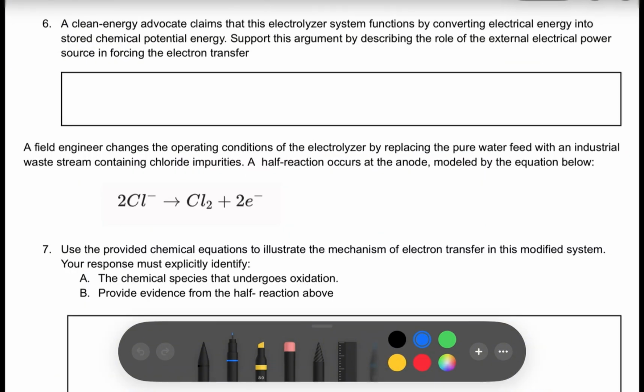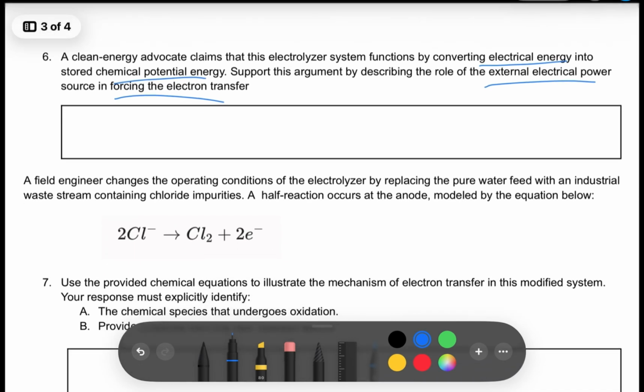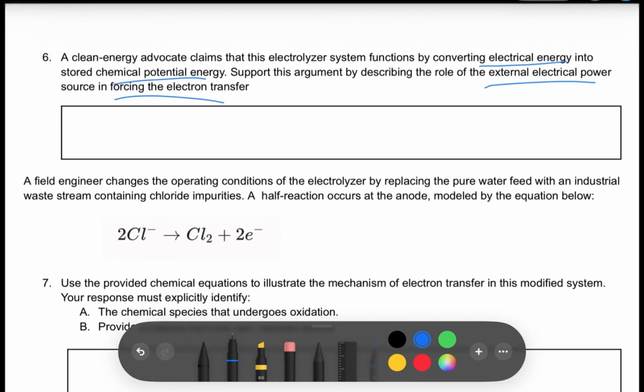Question 6. A clean energy advocate claims that this electrolyzer system functions by converting electrical energy into stored chemical potential energy. Support this argument by describing the role of the external electrical power source in forcing the electron transfer. Well, we know that if we're converting electrical into chemical energy, that's an electrolytic cell. And electrolytic cells rely on a non-spontaneous power source.